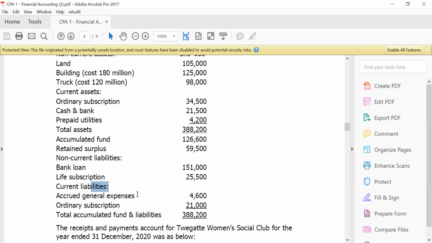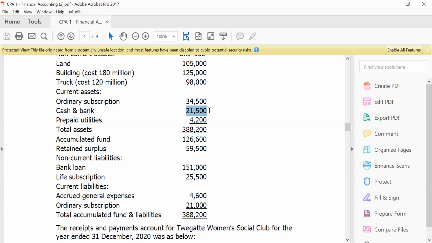So let's proceed. After we have that, next they are telling us cash and bank. So cash has been combined with bank, which gives us 21,500.